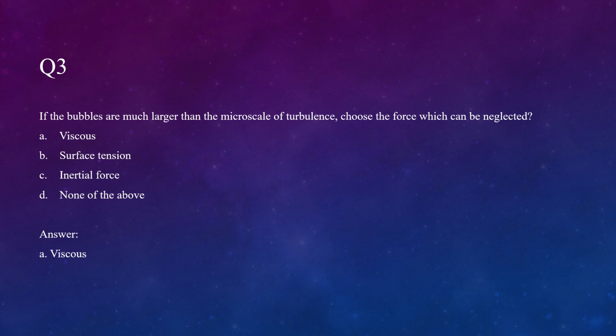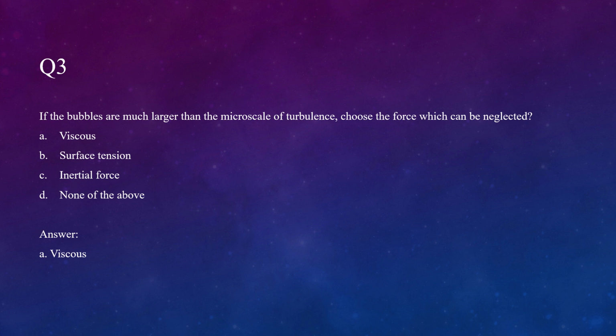So the answer is viscous force, because when the bubbles are very large, the turbulence happens at very small scales, right? So when bubbles are larger, we can neglect the viscous force, because surface tension plays a major role, and also inertial force cannot be neglected at that scale.